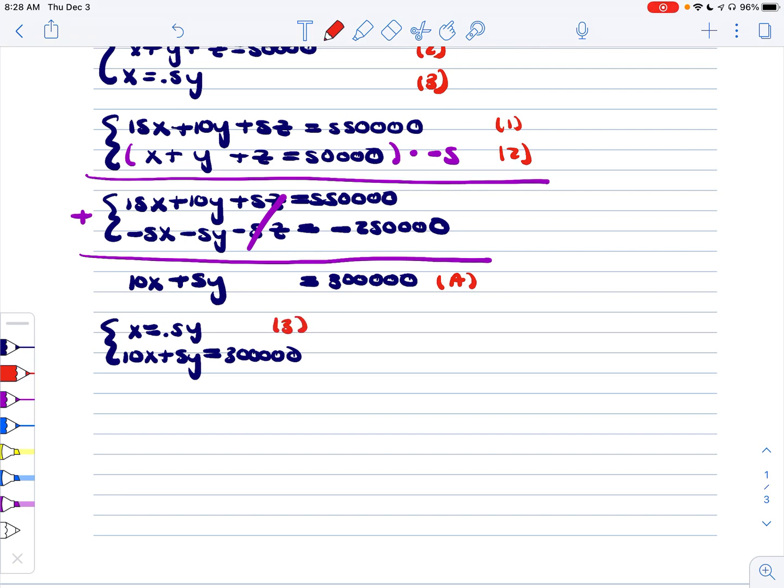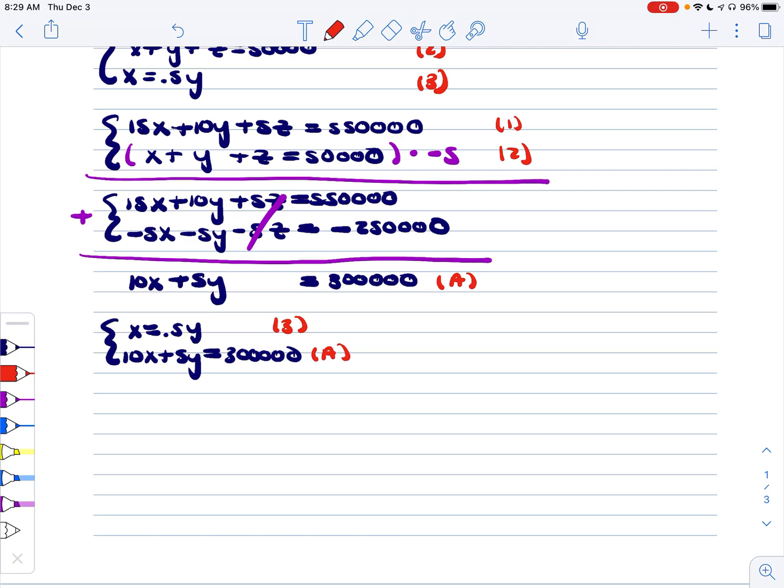That's 3 and A. Now typically when I'm solving a 3x3 system, I'd like to continue with elimination just because that's what we've been doing. It's just easy to stay in that groove.